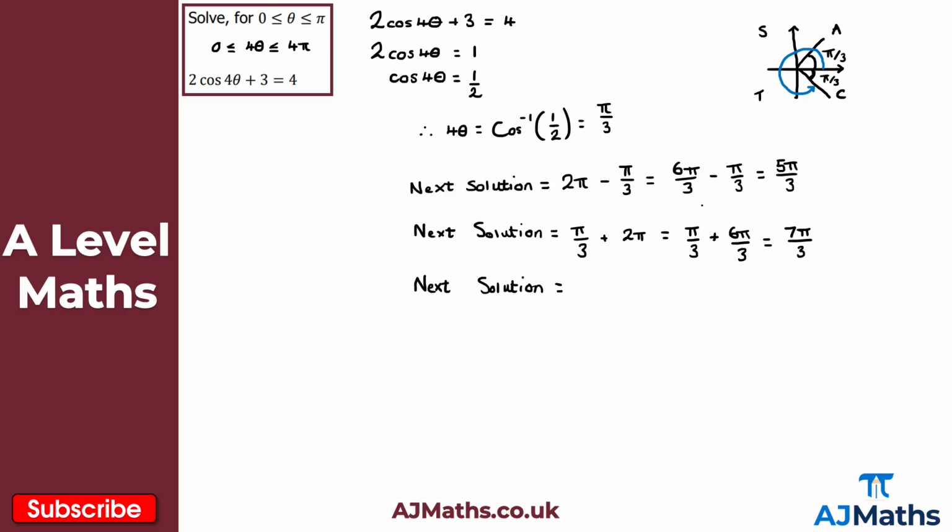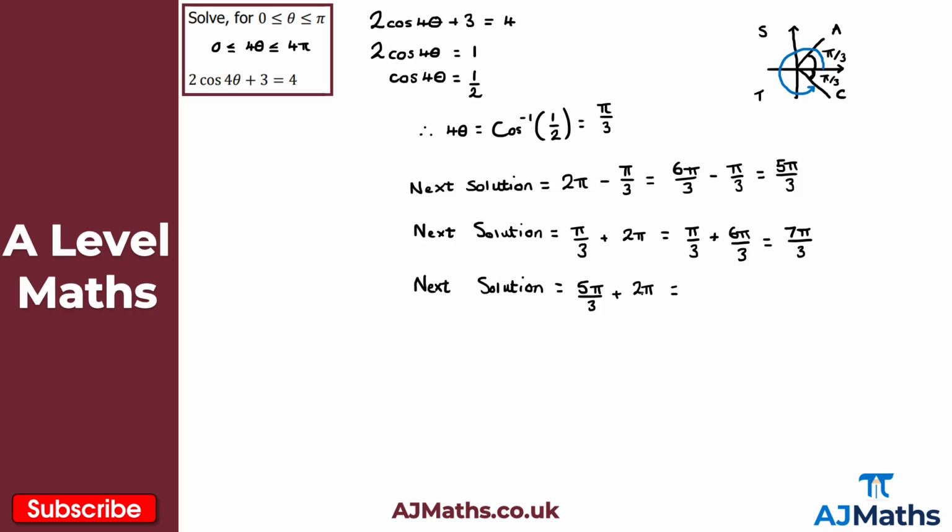So for my next solution here then, after 7 pi over 3, this would be the next solution along plus 2 pi radians, because it repeats every 2 pi radians. So you can kind of see why this works here then. Like we said, it's 5 pi over 3 plus 2 pi.